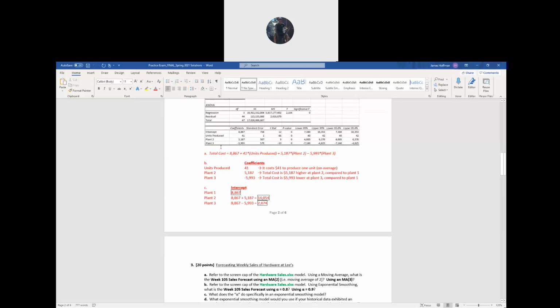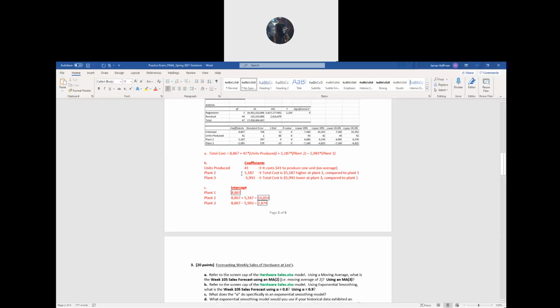Now remember, the other two for the plants are binary variables. So this is the change, or the difference in cost if you produce at one of these plants compared to plant 1. So there's an additional cost of producing at plant 2 of 5,187. So the plant 2 coefficient, 5,187, means exactly that total cost is 5,187 higher at plant 2 compared to plant 1.